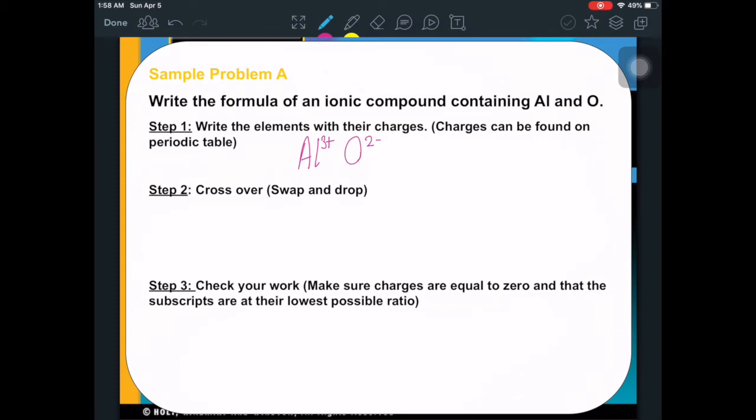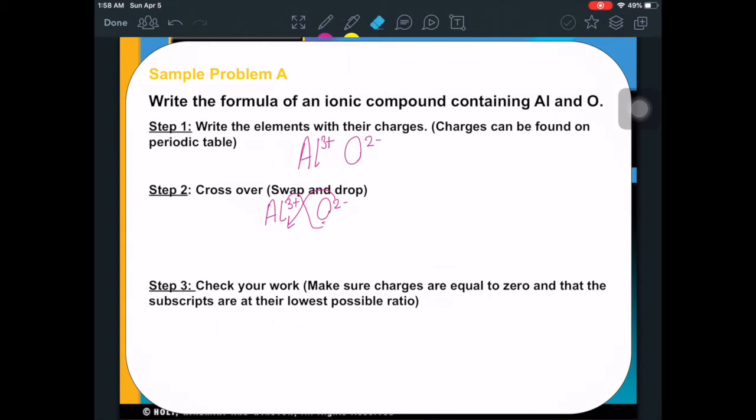And now, to figure out how many aluminums I need in my compound and how many oxygens I need to balance this whole thing out, you can do this really cool trick called crossing over, or swap and drop. So I'm going to take my aluminum and my oxygen, and I'm going to swap this. I'm going to take the 2 down here and the 3 down here, okay?